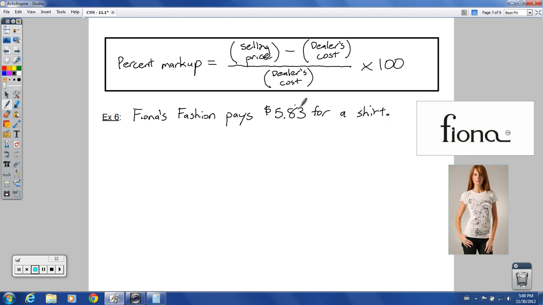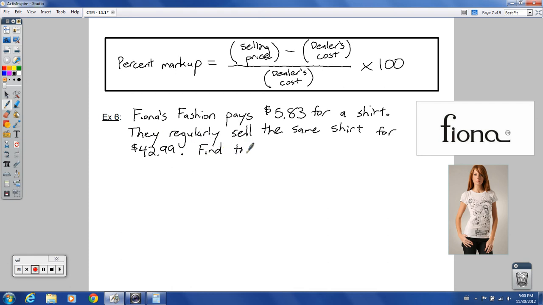Little did you know. And then they regularly sell the same shirt for $42.99. Because again, it's the hottest thing in town. Everybody needs a Fiona's Fashion shirt.